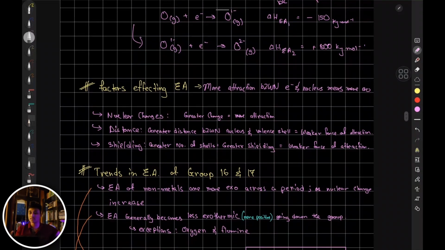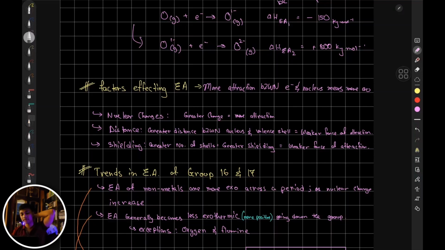If you put a magnet beside you and you try to attract a metal, if you put that metal near the magnet, it can pull the metal easily. If you put the metal outside a certain range, it's harder for the magnet to attract that metal, right? Similarly, if the distance between the nucleus and the valence shell is really large, it's harder for the nucleus to attract the electron and form an ion.